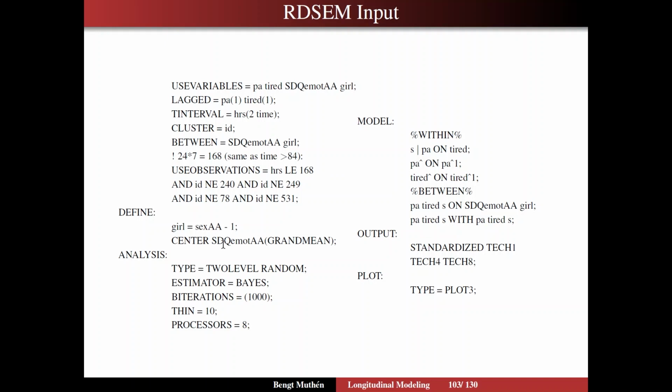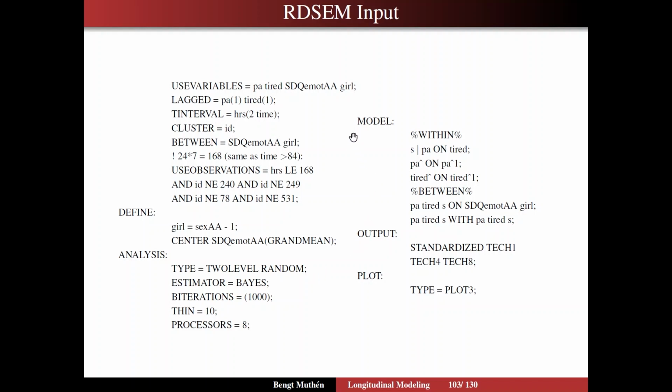And the RDSEM input then for that fuller model would be like this. Still T interval 2, and we have these between level covariates, and we do the grand mean centering of the SDQ covariate, and it's two-level random still.